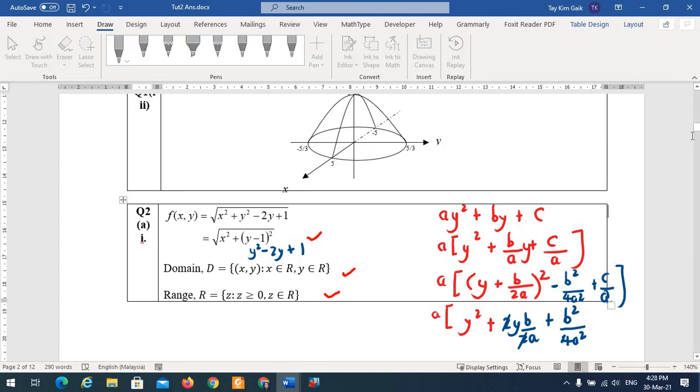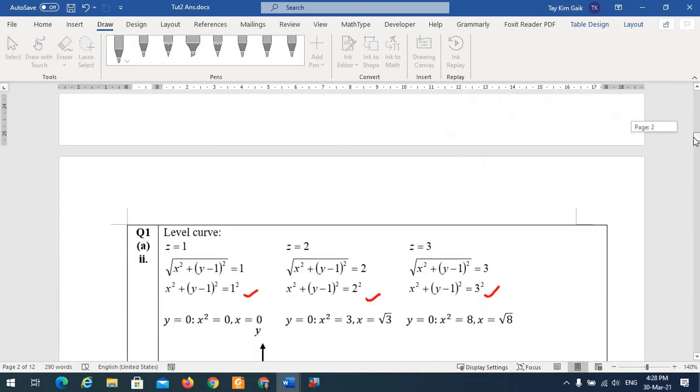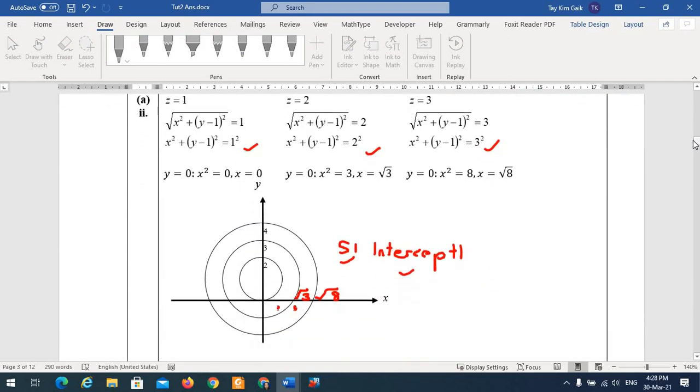Okay, and to do your level curve, the z here is actually a square root. After completing the square, you have x squared plus y minus 1 squared equal to 1.